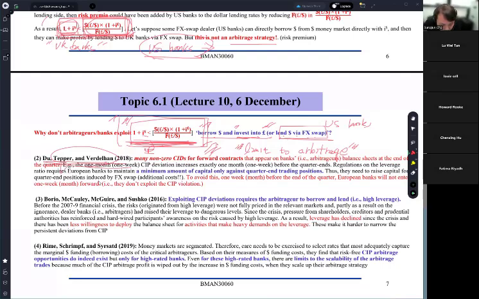So this is because of regulation, maybe some banks may not be able to exploit these arbitrage situations. And then this guy says, before the financial crisis, with high leverage, any bank could make very leveraged investments.